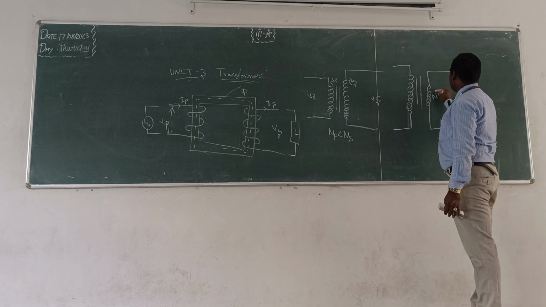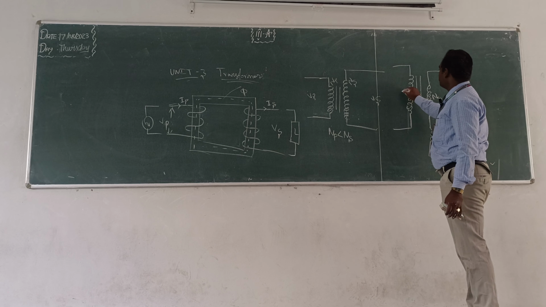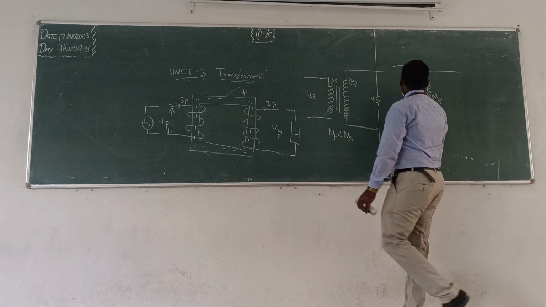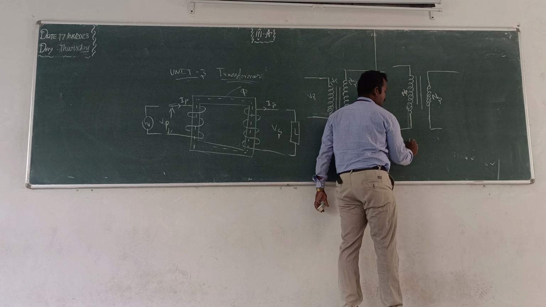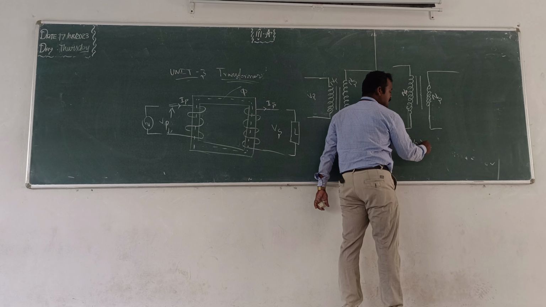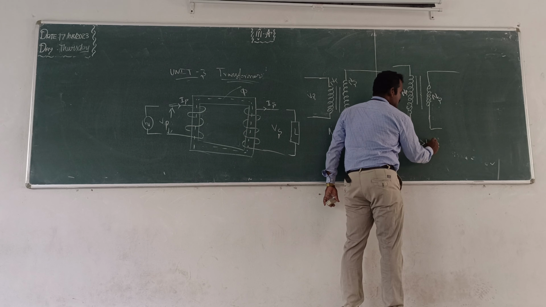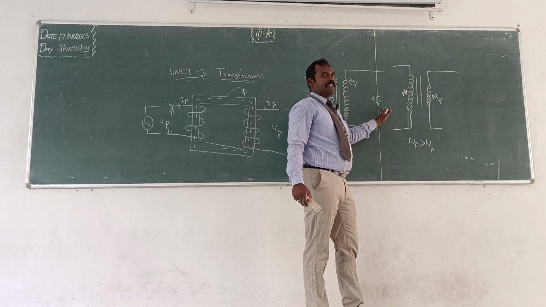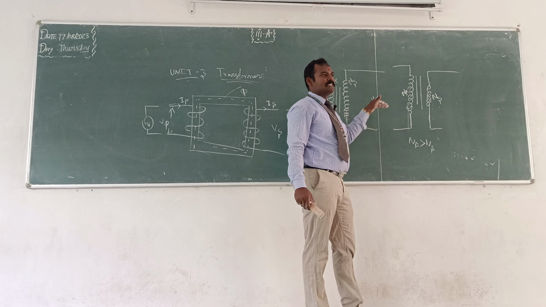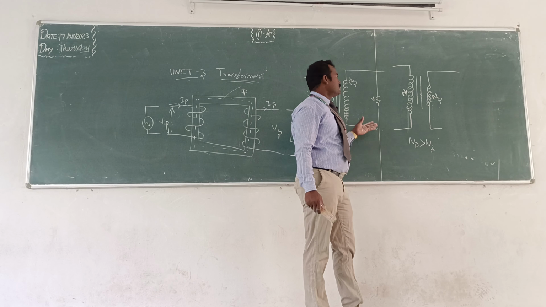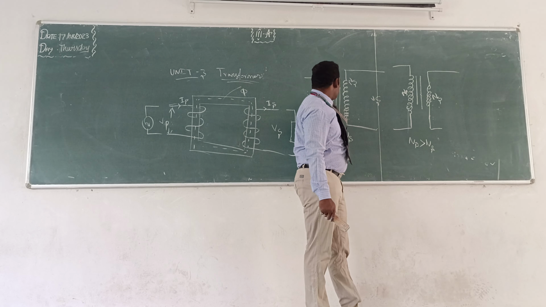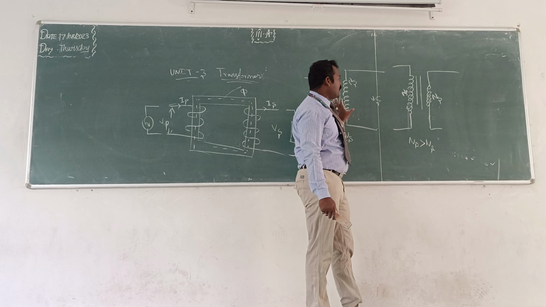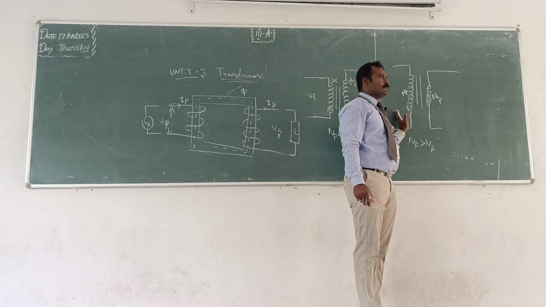So NP is greater than NS. It means that based on the number of turns in the winding, the voltage has been raised as well as fallen. The earlier case is the step up transformer, and this is the step down transformer, right?